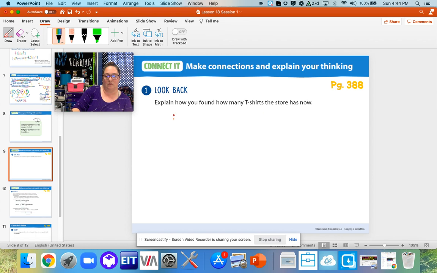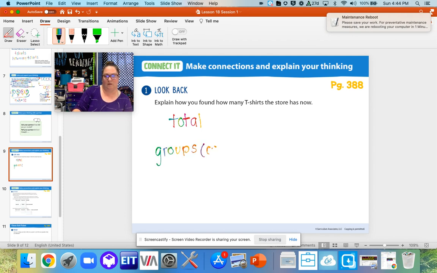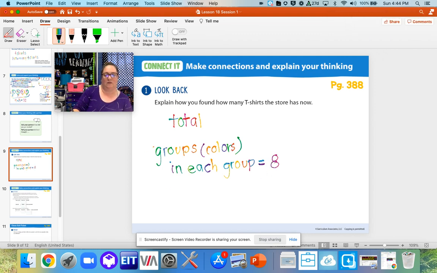Well, we took the total that they were left with at the end of the day, and then we found the number of groups, which were the colors, and then we found how many were in each group, which meant that each group had 8.